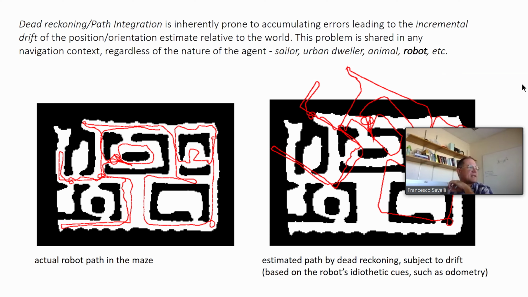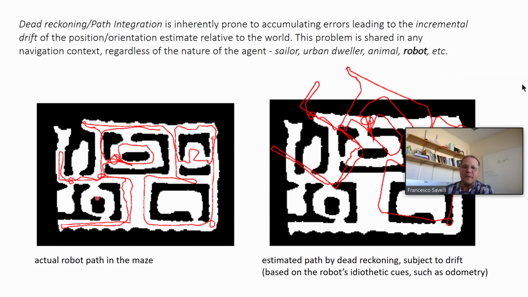So here it's just like, okay, you have a maze and you have a robot that moves around in the maze. On the left, you have the actual trajectory of the robot. On the right, you have what the trajectory would be computed in the software of the robot if you could only use what is called odometry.